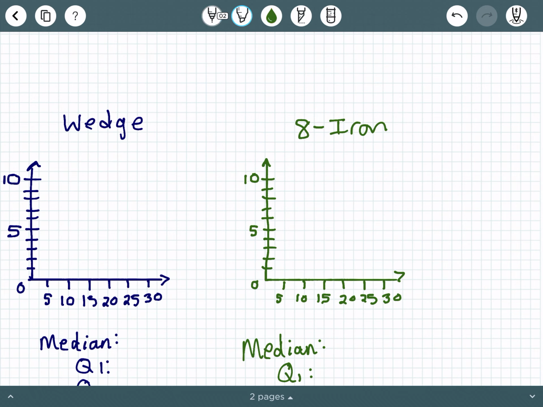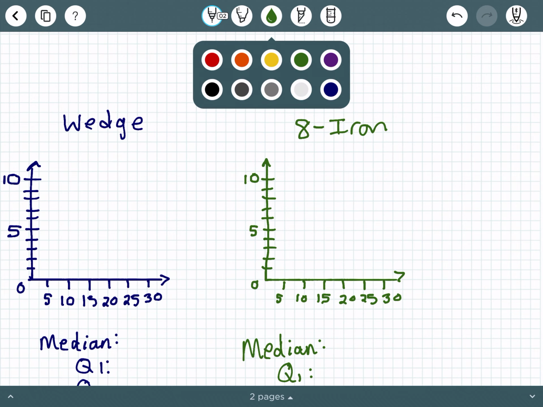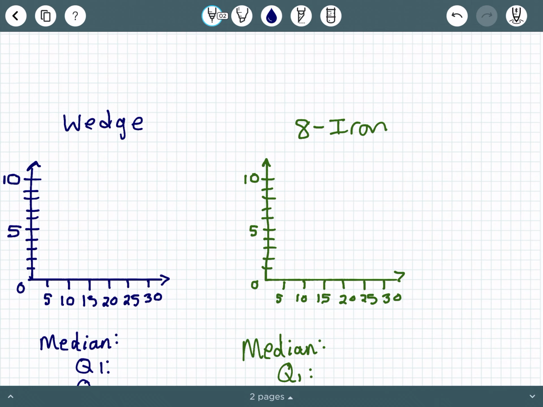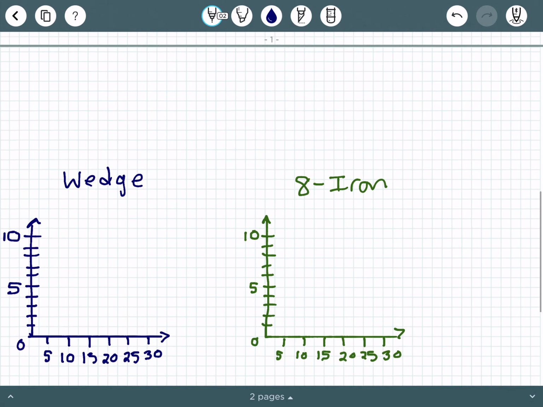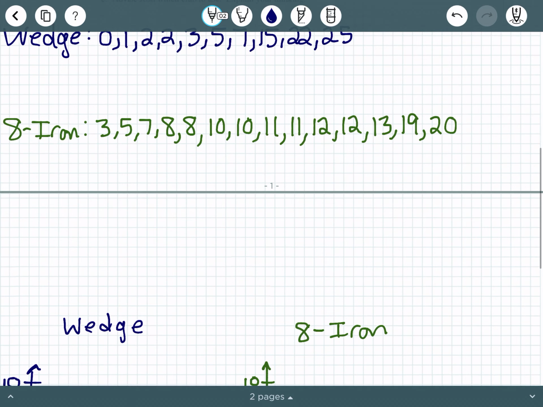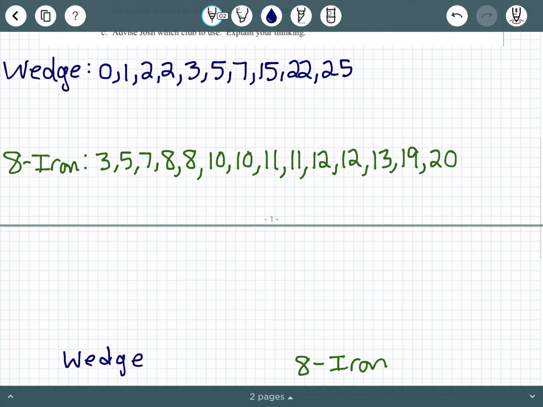So what we want to do is count for our wedge histogram. How many scores do we have that range from 0 to 4? It looks like I have 1, 2, 3, 4, 5. 5 is going to be in the next range.